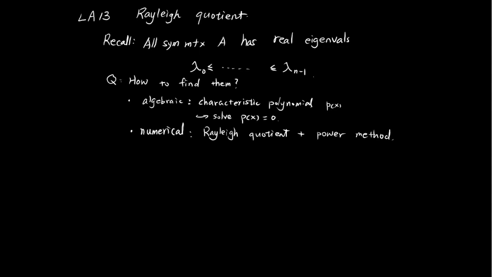The Rayleigh quotient is more like a theoretical background, and the power method, by its name, is an algorithm to find the eigenvalue. So the Rayleigh quotient ensures the algorithm in the next step is going to be true.